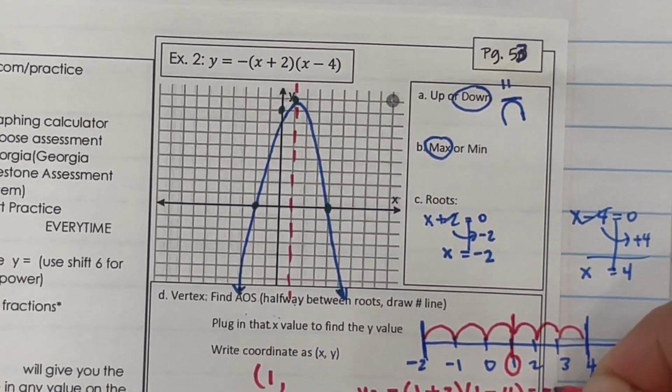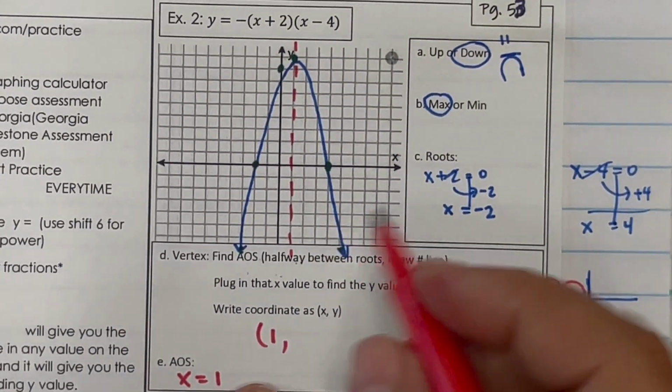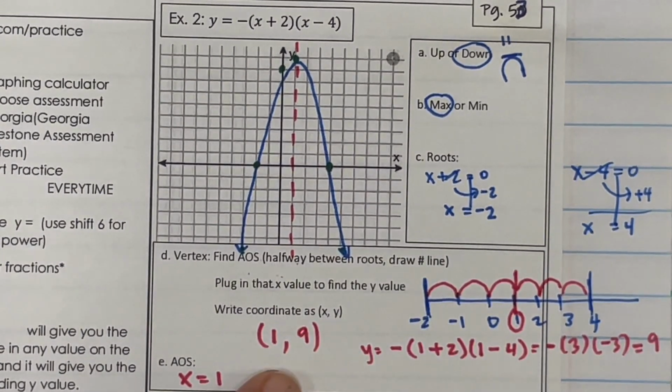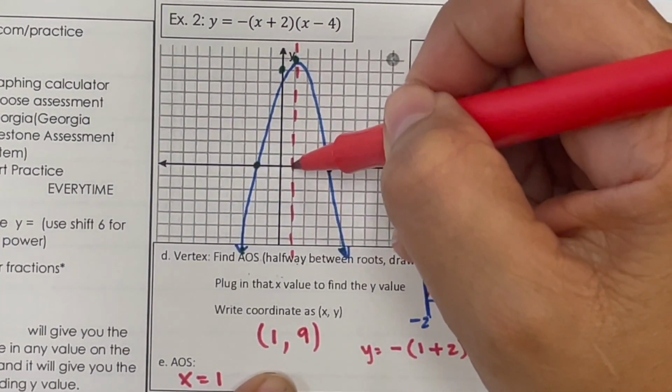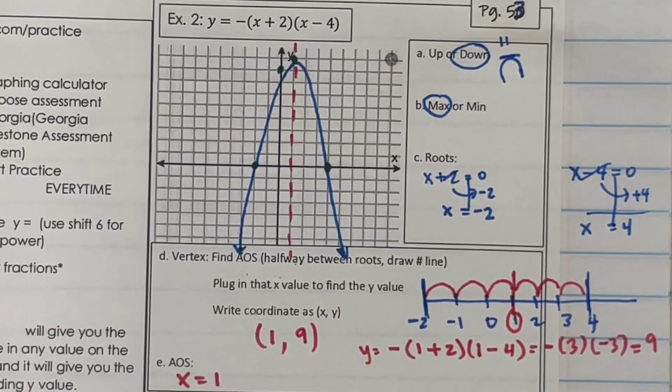So it's going to be negative on the outside. This is going to be 3, and then here 1 minus 4 is -3. So I have -3 times -3, which is +9. Okay, so +9 will be my y value. So let's go check if my vertex is at 1, 9. So 1, 1, 2, 3, 4, 5, 6, 7, 8, 9. Perfect. My vertex is at 1, 9.